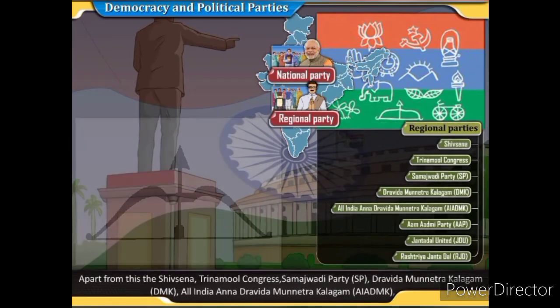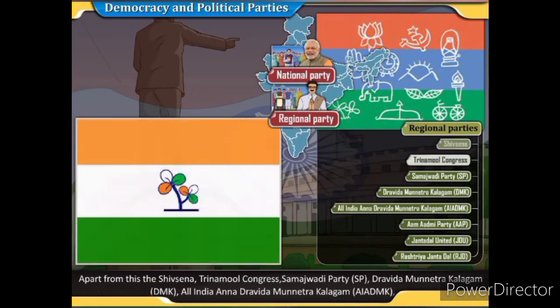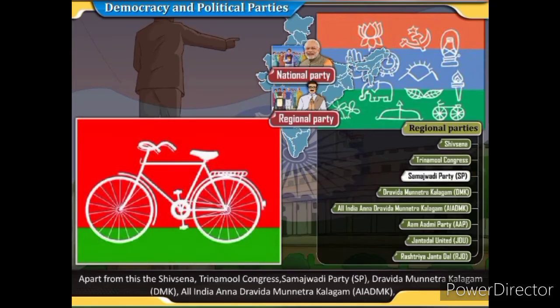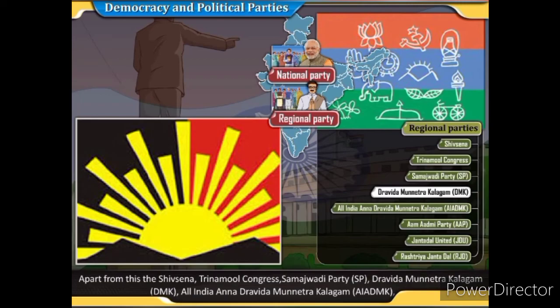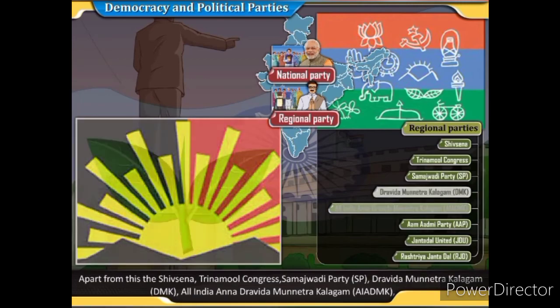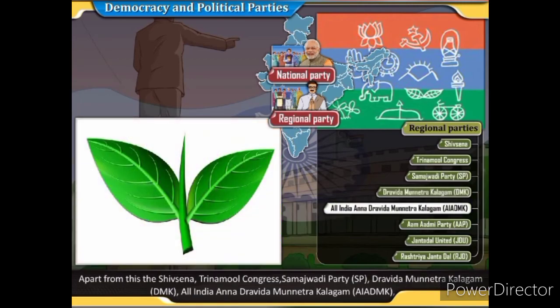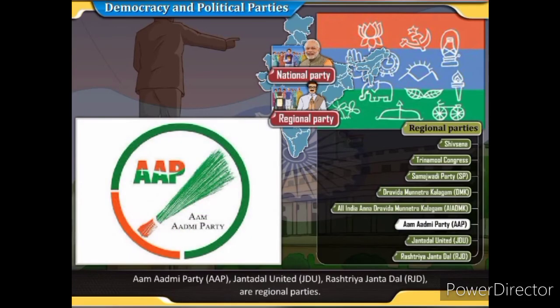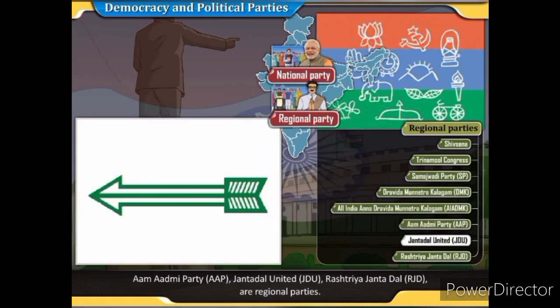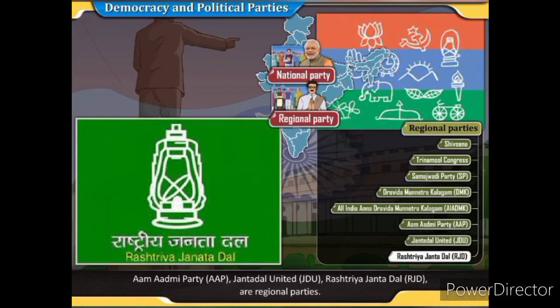Apart from this, the Shiv Sena, Trinamool Congress, Samajwadi Party SP, Dravida Munnetra Kazhagam DMK, All India Anna Dravida Munnetra Kazhagam AIADMK, Aam Aadmi Party AAP, Janata Dal United JDU, Rashtriya Janata Dal RJD are regional parties.